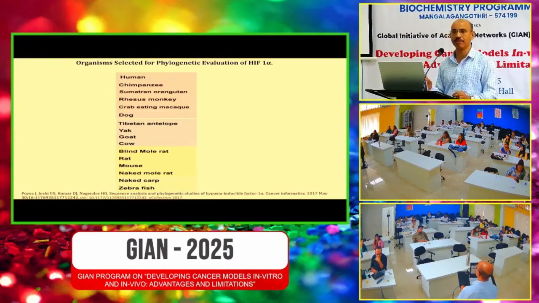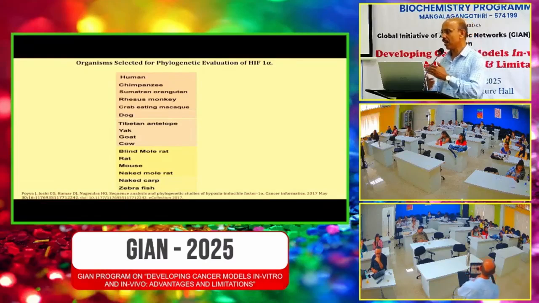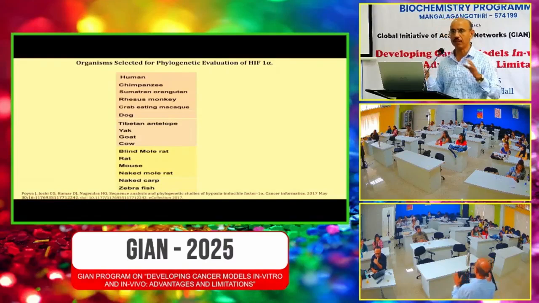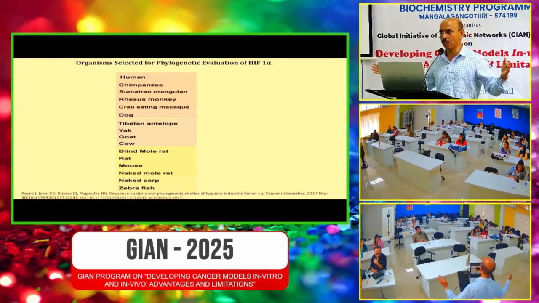Then we selected two organisms that survive in water. They actually have a hypoxic condition there. So our intention was very clear. We have taken almost all the organisms, representing the different atmospheres where the hypoxia factor is getting expressed.